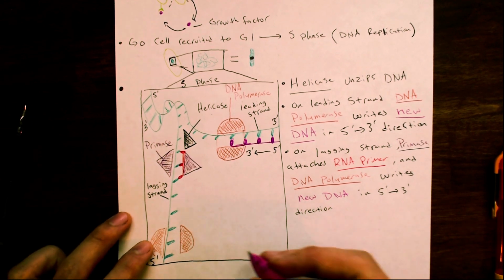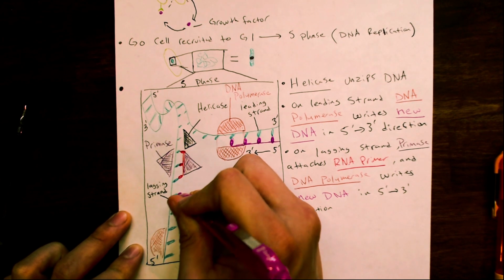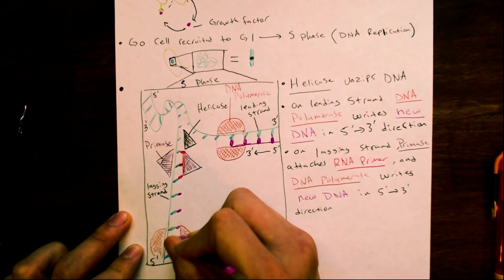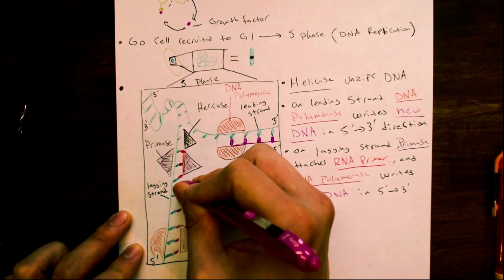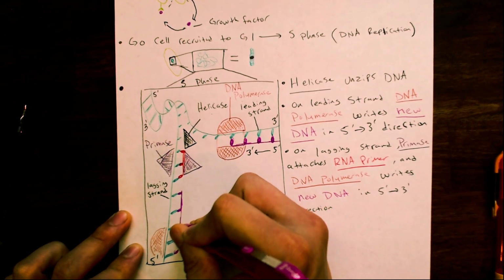So let's draw the DNA really quick. So from here we've got, let's draw the anti-parallel part. And the backbone here, here's the DNA backbone.